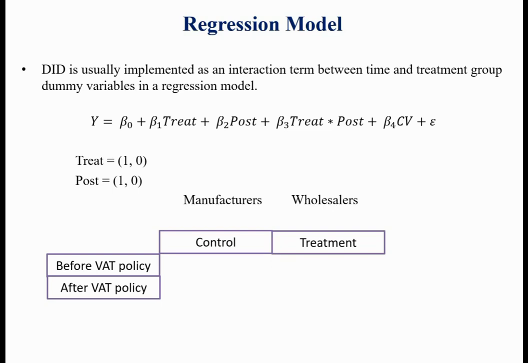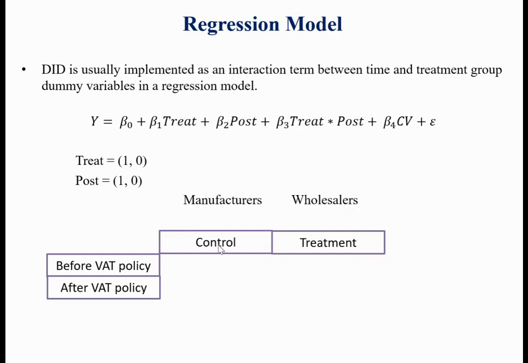In this case, we can use a DID design to check the impact of the reduction in VAT for wholesalers on their revenue or earnings. So I'm going to illustrate this. We have two groups, manufacturers and wholesalers.